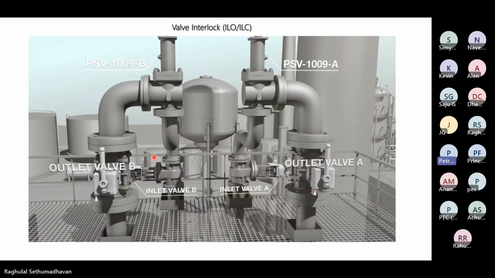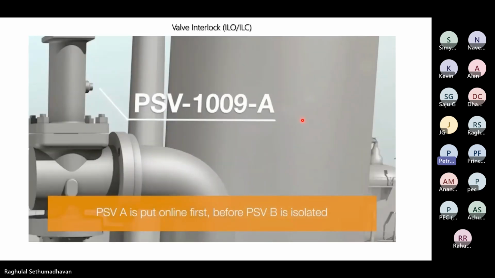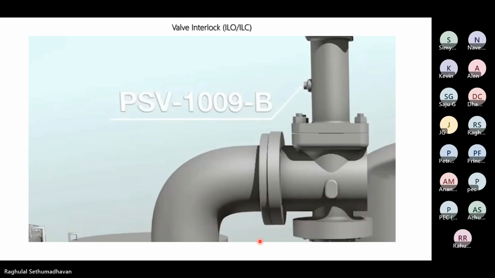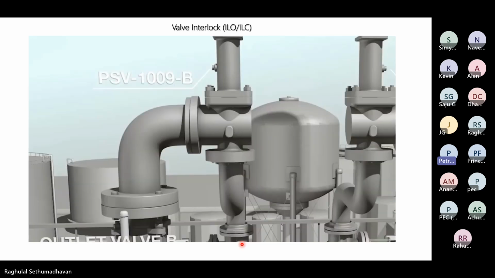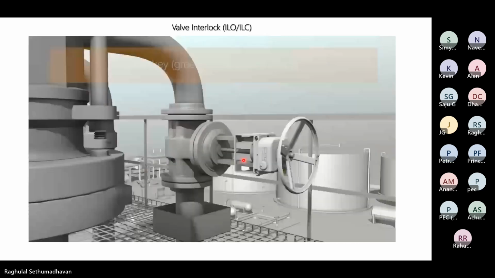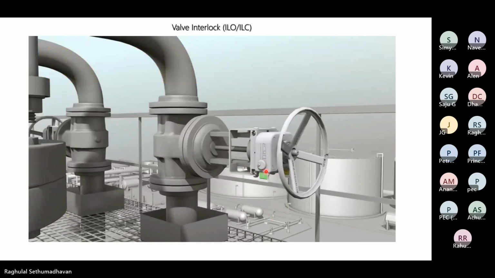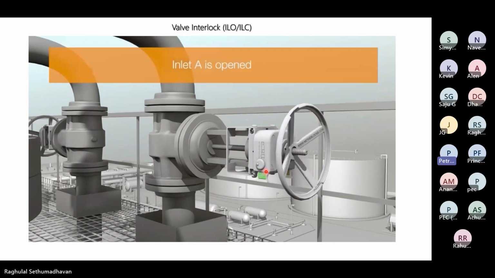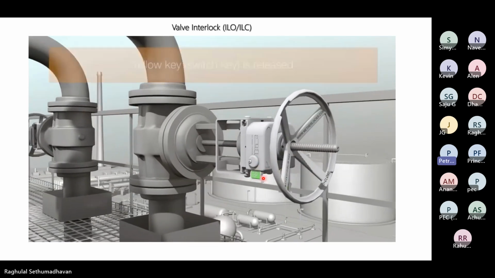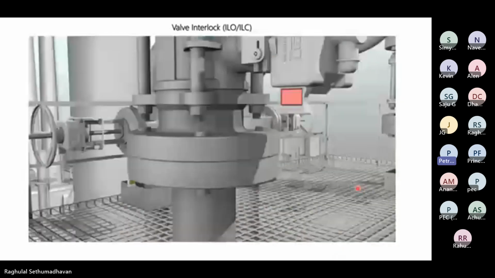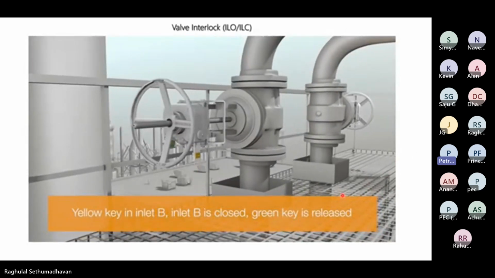So you can see here, we have two pumps, one is online and the other is standby. First we will start with opening this. Then only we can get the lock from inside that valve to open the other valve.